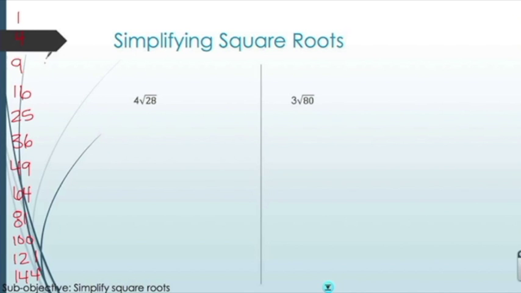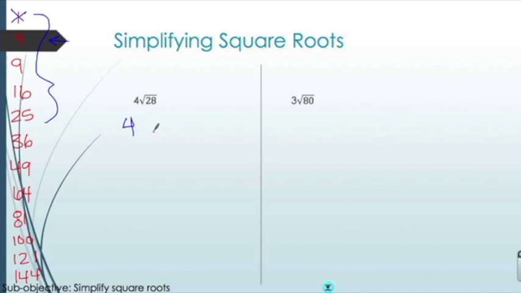So we know that we are going to be limited to looking at all of the values that are smaller than 28. So do any of those perfect squares, besides 1, because 1 goes into everything but won't change anything, go into 28? If you noticed, 4 does.